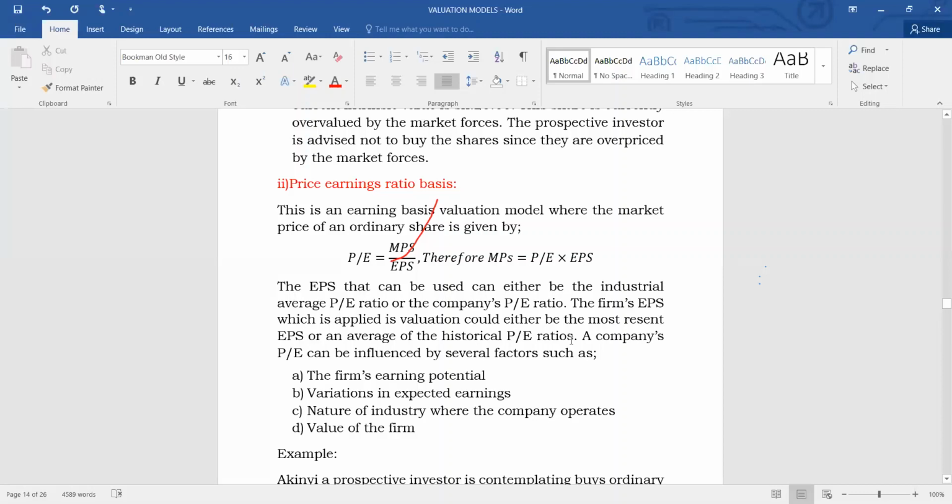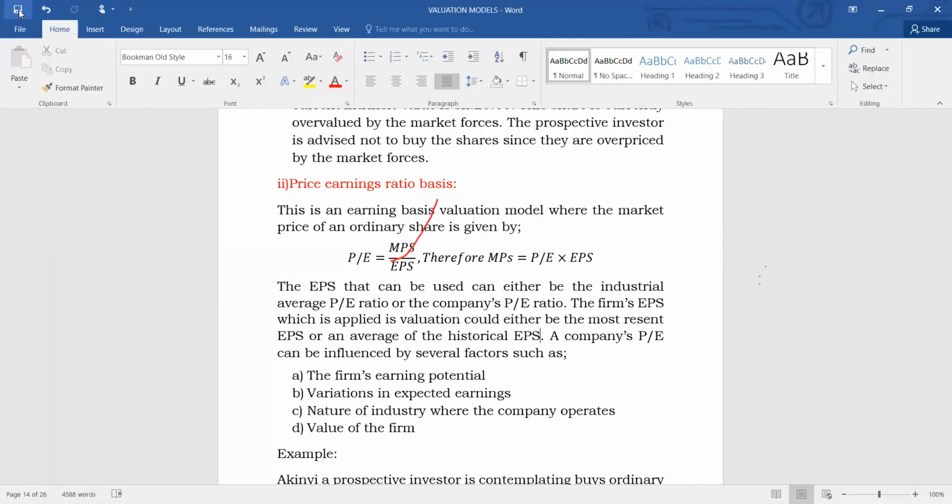I hope that point is clear. Yes, there's a typographical error there. So you could use the company's price earning ratio or the industry average, or the firm's most recent earning per share, or the historical figures, depending on what information is given.